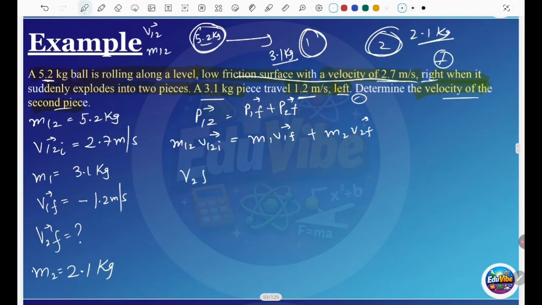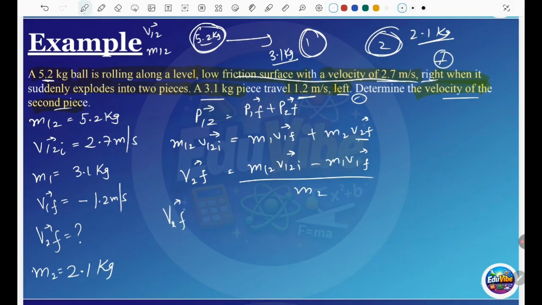You have to find v2. So I isolate this and you get this minus this upon m2. So put all the things in brackets.